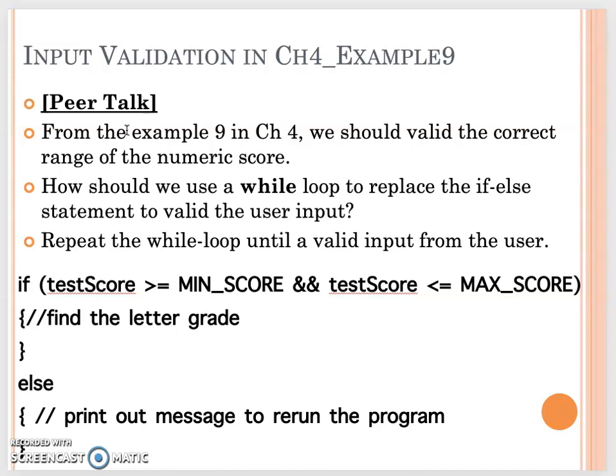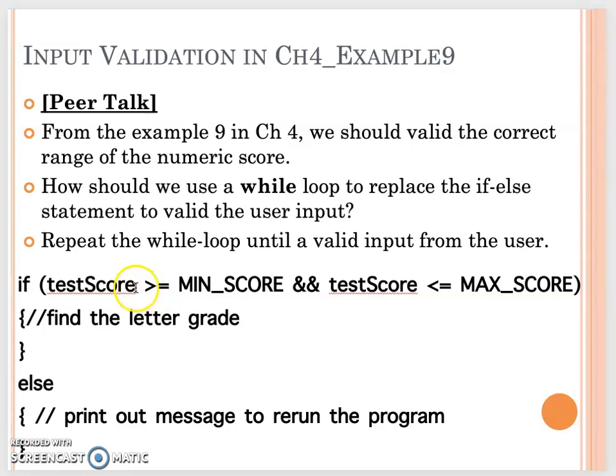This one is the input validation we modify from the example in chapter 4. From example 9 in chapter 4, we were using the test score. Remember when we had the if statement, we asked the user for the test score and wanted to tell them the letter grade they receive.